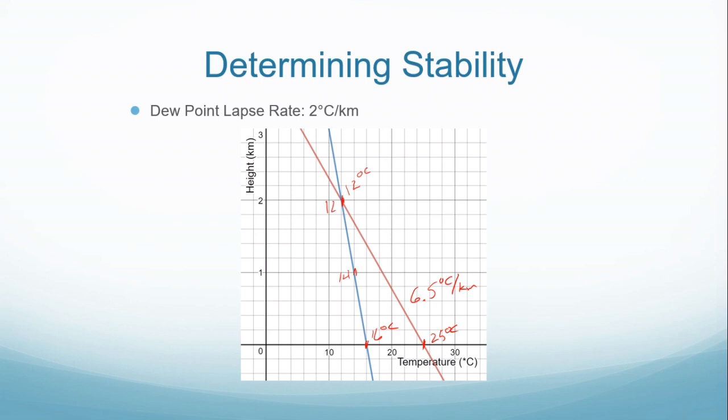Well, if the temperature is 12 and the dew point is 12, then the saturation vapor pressure and the actual vapor pressure are the same, which means that at this point, relative humidity is going to equal 100%. You are fully saturated. At this point, water starts condensing, and you start forming a cloud. This is the point where you will develop a cloud base.